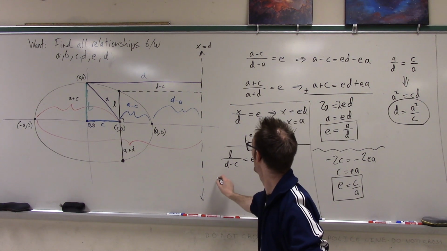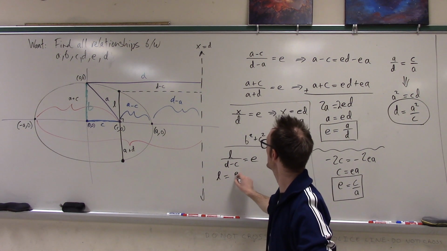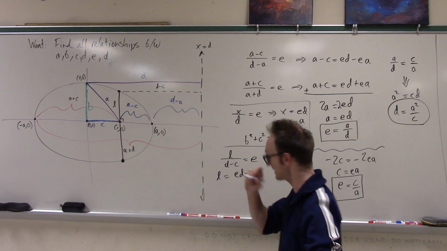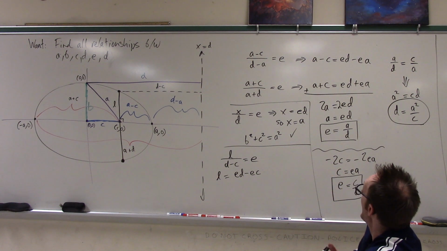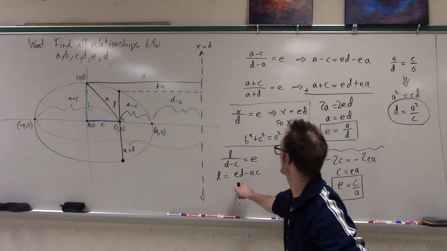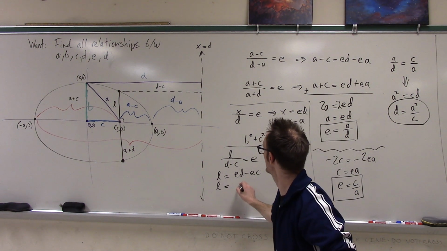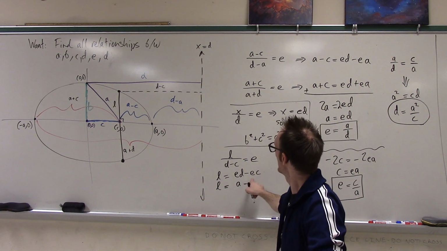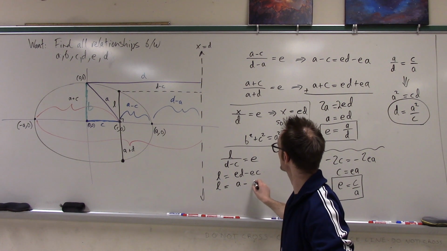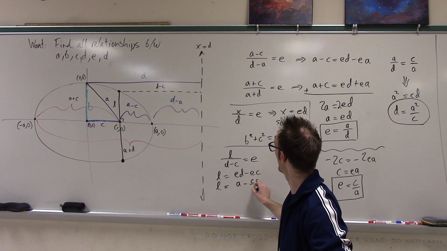And so, I conclude that L is ED minus EC, and I think this can now be manipulated. Let's see, how do I want to do this? ED is just A, so this tells me that L is A minus, and in place of E, I'll just write C over A, because I know that that's true now.